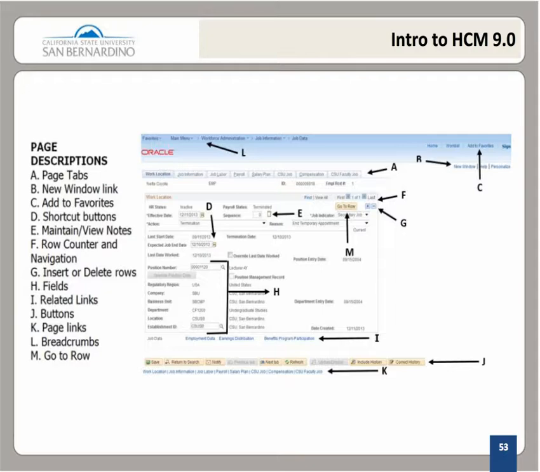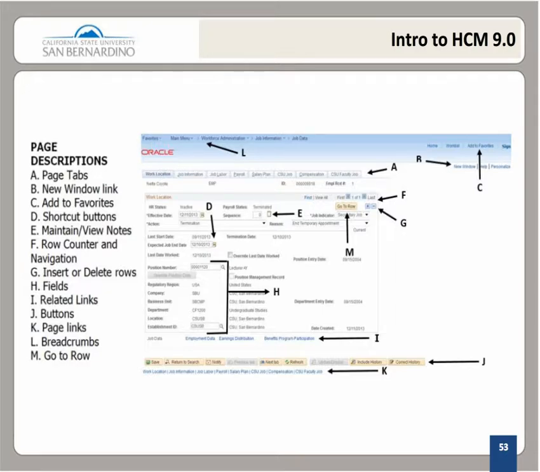B. The new window link opens a new browser window or child window, which automatically opens to the activity you are currently using. From here, you can select another procedure to view or enter data. There can be an unlimited number of child windows open. However, inactive windows time out after a designated period of time and can result in the loss of unsaved data.